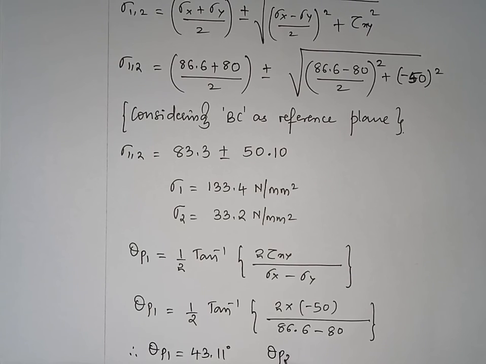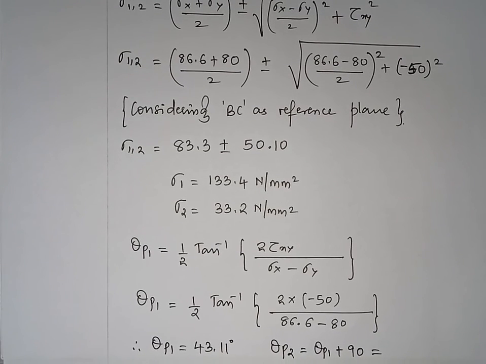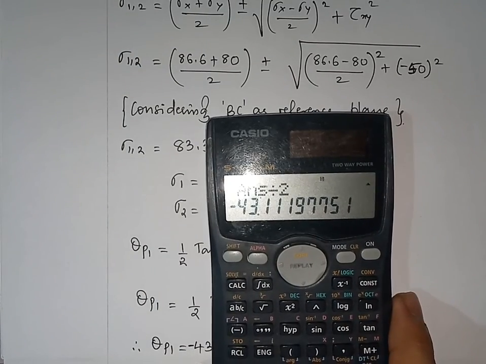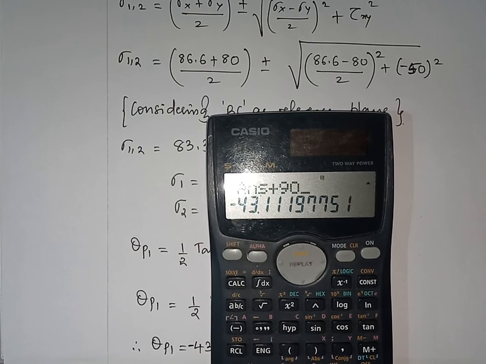Theta P2 will be theta P1 plus 90. So I will be getting, this is with the negative sign, so that sign is also important, please don't skip it, right? I will be getting the value as minus 43.11. So I need to add plus 90 to that.